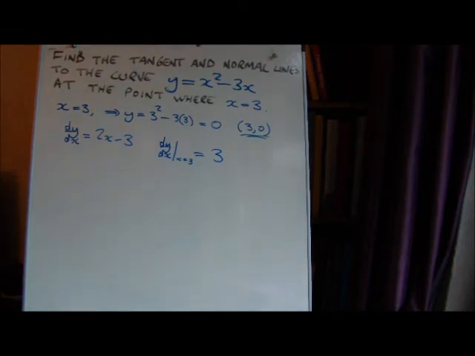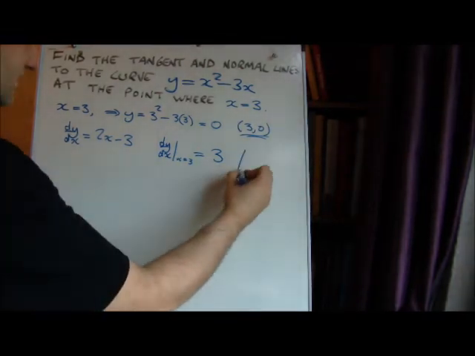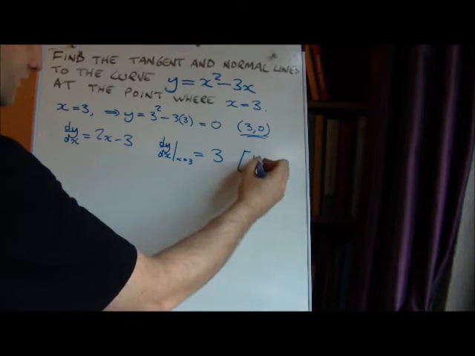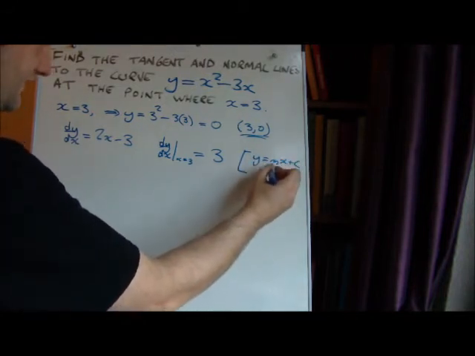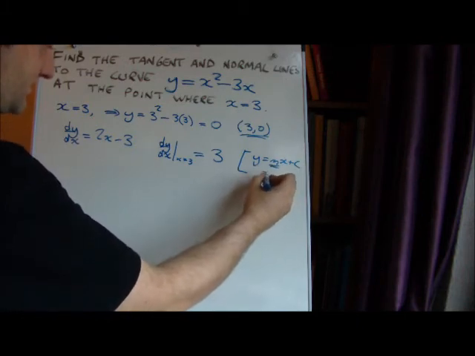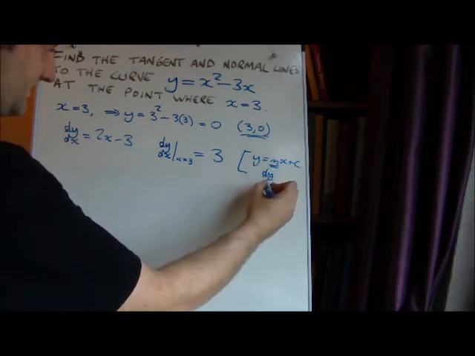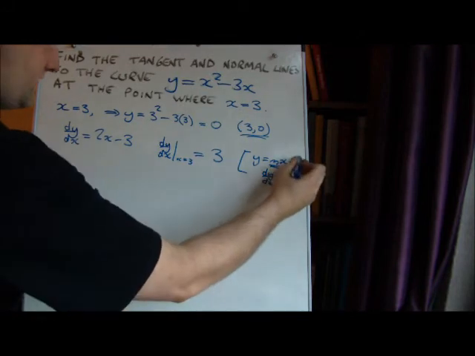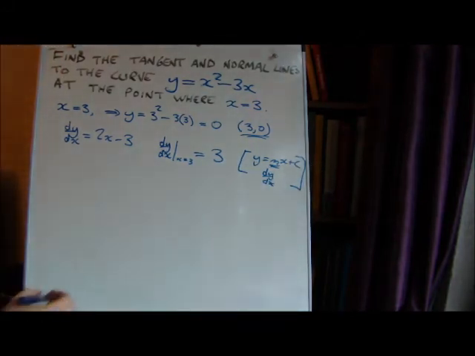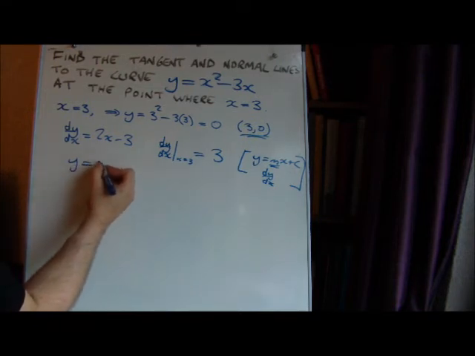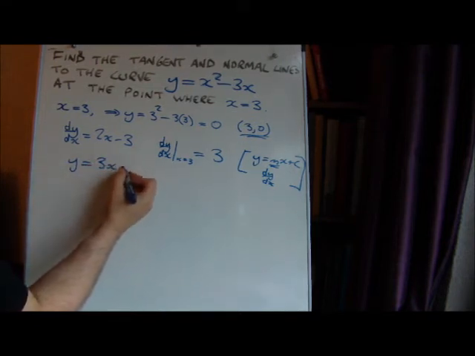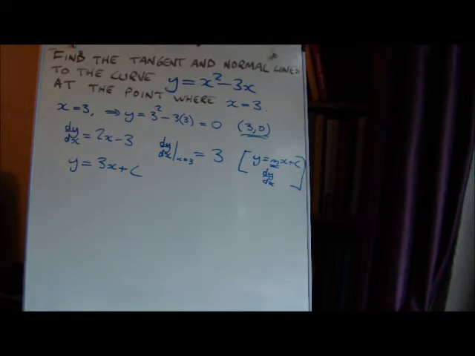When we're talking about straight lines and tangents, we use the formula y equals mx plus c, and the m part is the gradient, so it's dy/dx. What we know is that the tangent at that point is y equals 3x plus c.